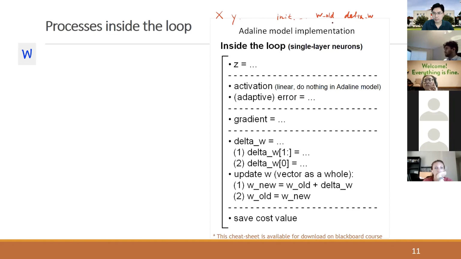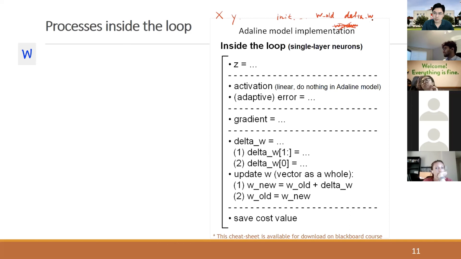We need these, but we don't need to initialize or have a placeholder for W new, because W new will be directly calculated based on W old and delta W. However, we need these to draw the numbers to start the forward prop. At least we need something to start the forward prop, right? The initial step. We also need these because we are referring to different parts of that vector for calculating the weight update. So we need the placeholder for now.